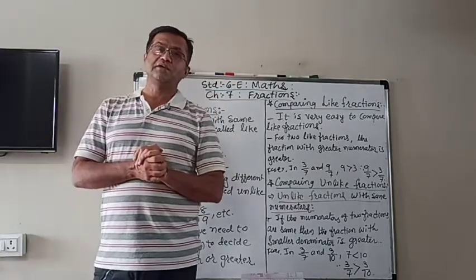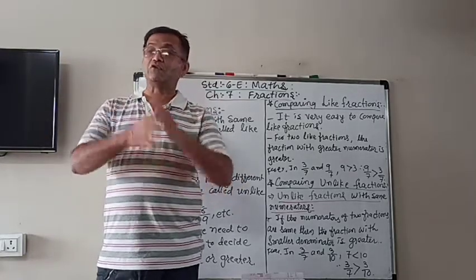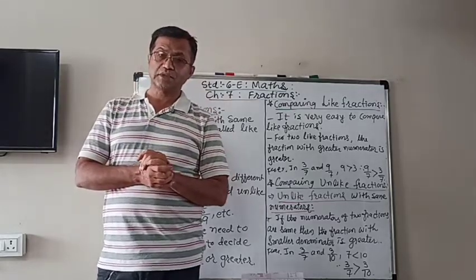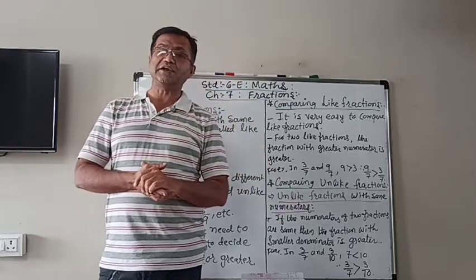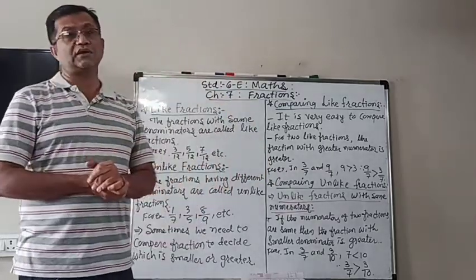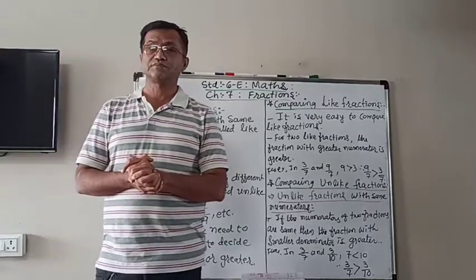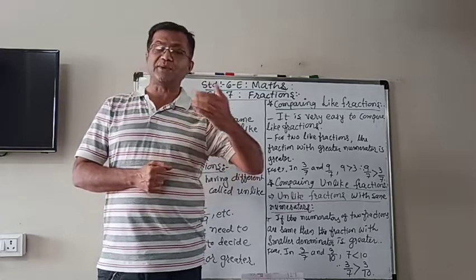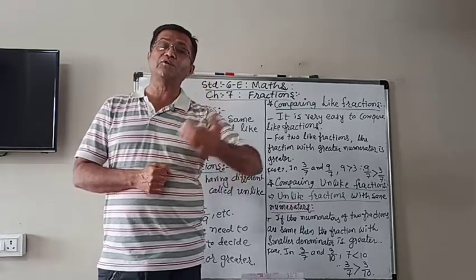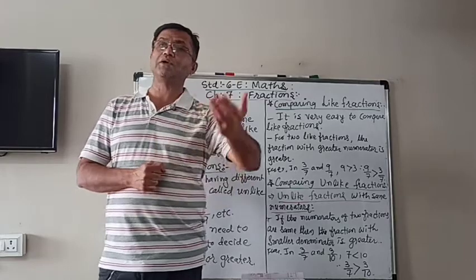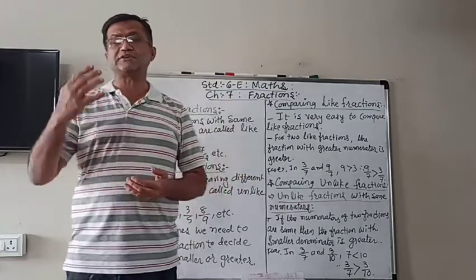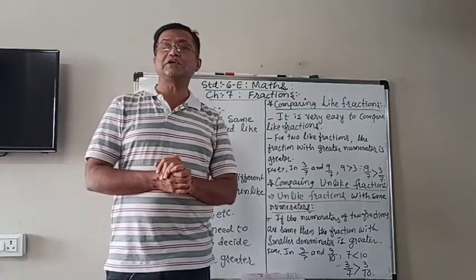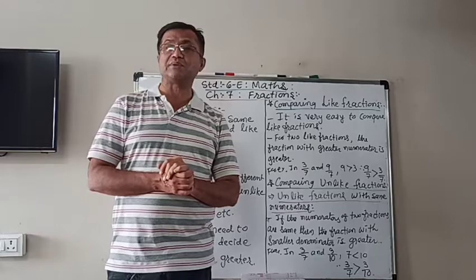For example, when one work is done by two people together, one has done a greater part, one has done the smaller part. In this situation, we have to compare, because the person who did more work will get more money, and the person who has done a smaller part will get less money.